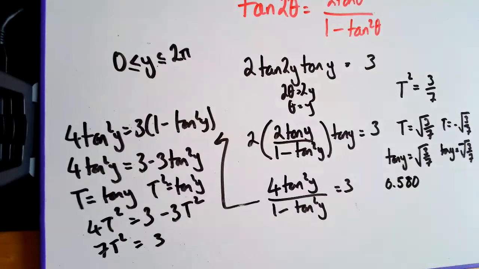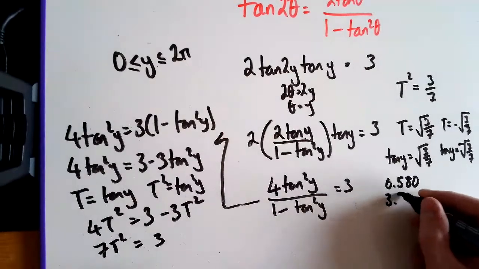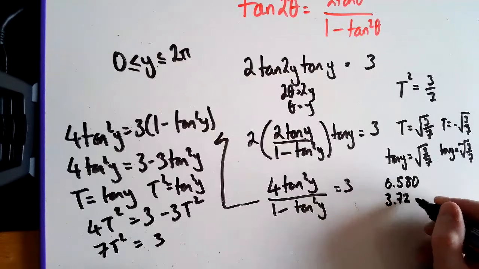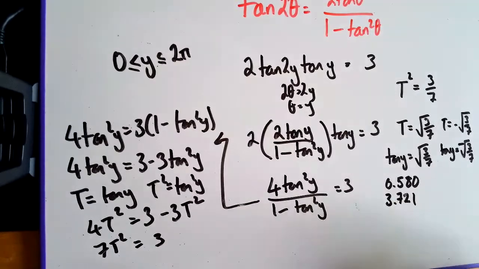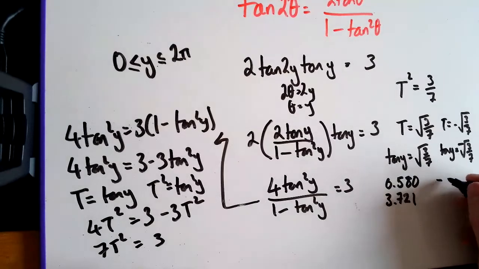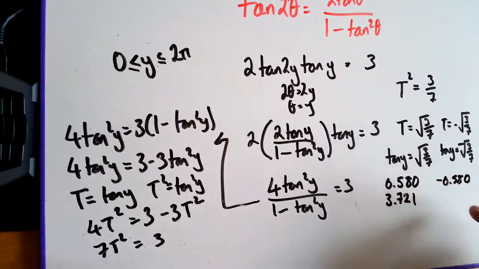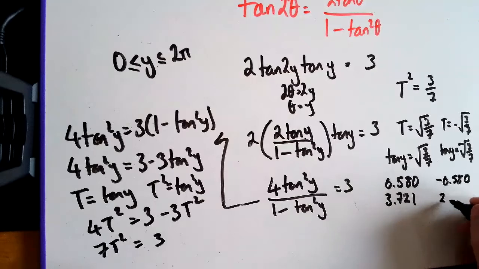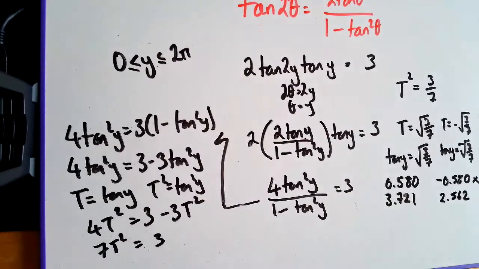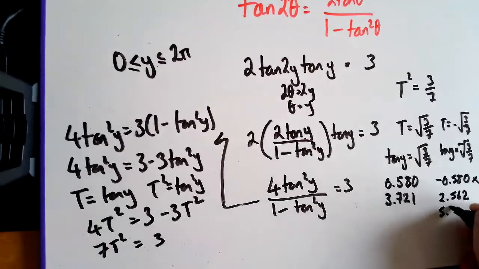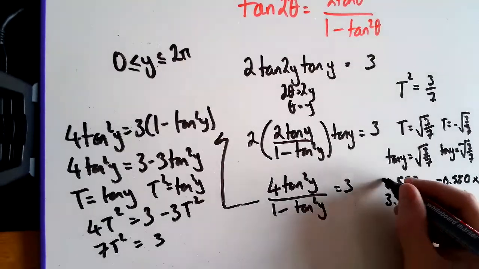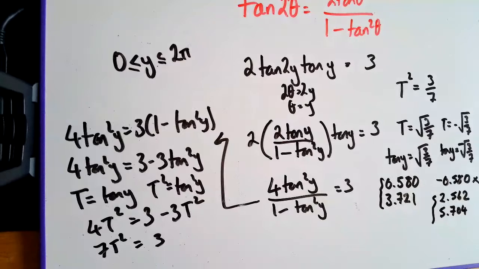Add that to pi, it's 3.726. Then the other one gives me minus 0.580. Add pi to that, 2.562. That's not in the region, so I can add 2 pi to that and get 5.744. So there are my 4 answers for y.